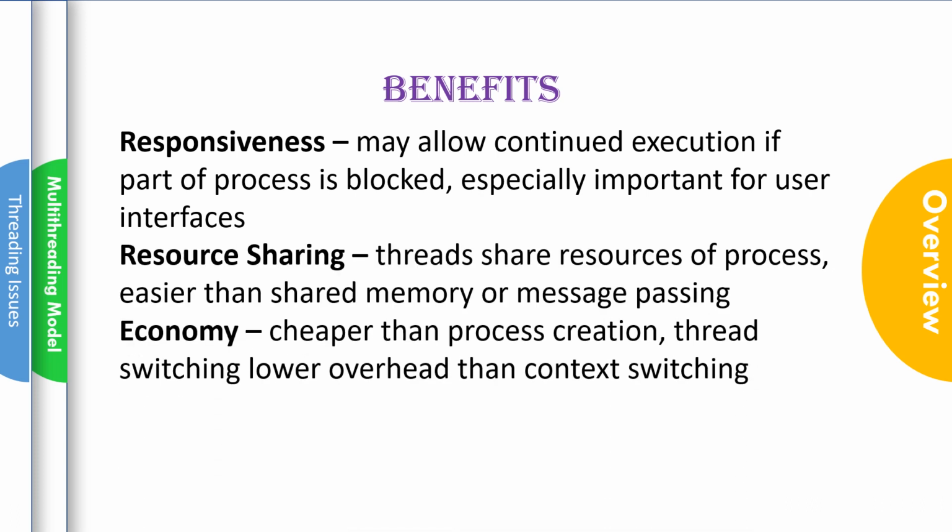Next is economy. Creating threads is cheaper than creating a process. Creating a new process requires a lot of resources to be allocated to it. So the operating system has to allocate it memory, it has to be brought into the main memory, then it has to be given to the CPU for execution.